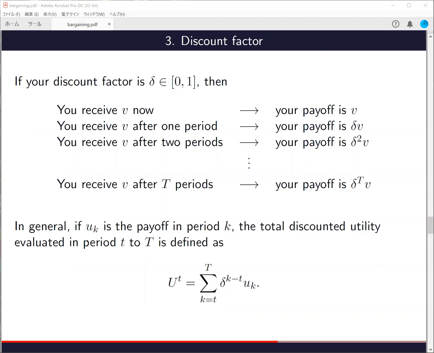Therefore, the payoff received in t periods from now is discounted by delta to the power of t. In general, the total discounted payoff of a player who receives a temporary payoff of u_k in period k can be written as the sum of all discounted temporary payoffs.